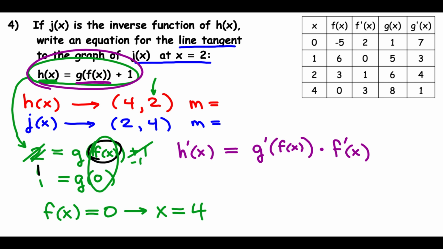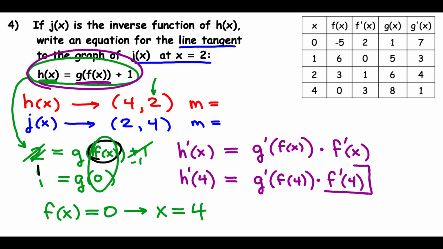All right, now remember that we're at 4 with h. We want h prime of 4, so we need to turn all the x's into 4s. There, that's pretty easy. And now let's just see if we can figure out what's going on. I'll start at the end here. A little less going on there. F prime of 4 is going to be this 3 right here.